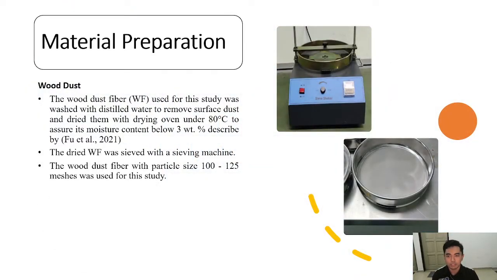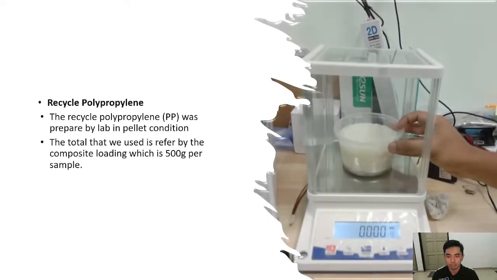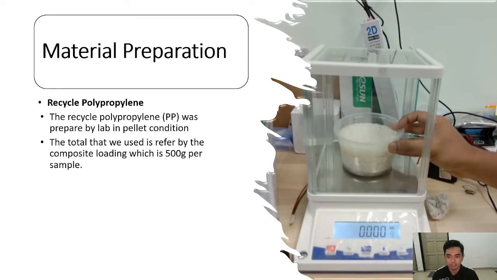For the material preparation of the wood dust, first the wood dust must be sieved, with a particle size within 100 to 125 micrometer mesh used for the study. The recycled polypropylene was prepared by the lab in pellet condition, as you can see in the picture.